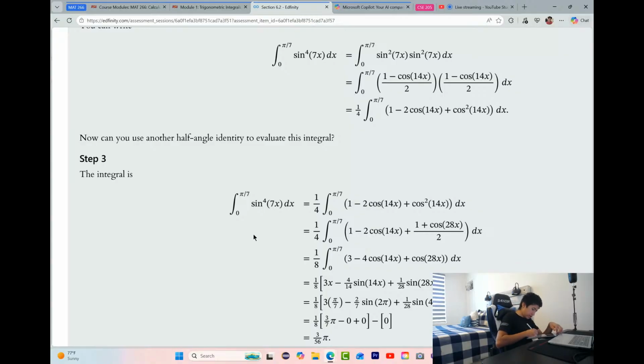So we get something like, let's see. So let's do 1 plus 1 minus 2 cosine of 8x plus cosine of 16x dx.